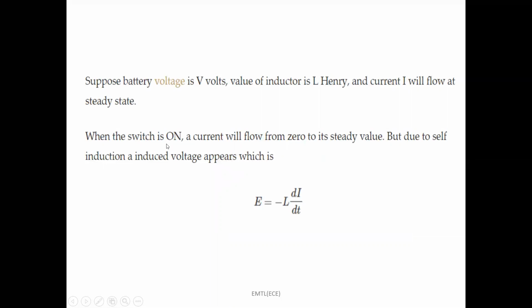When the switch is on, the current will flow from 0 to its steady value. But due to self-induction, that means whenever a coil is near a current carrying conductor, a self-induced EMF is developed. That induced voltage is represented as E equals minus L di by dt.